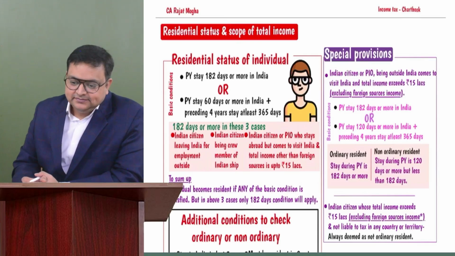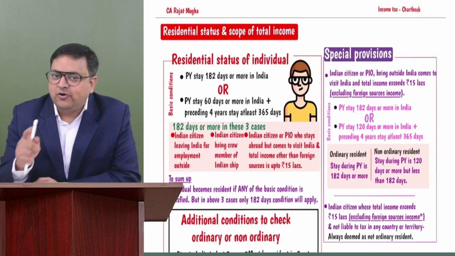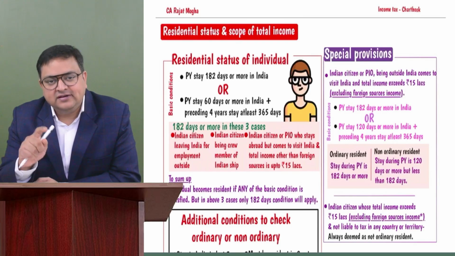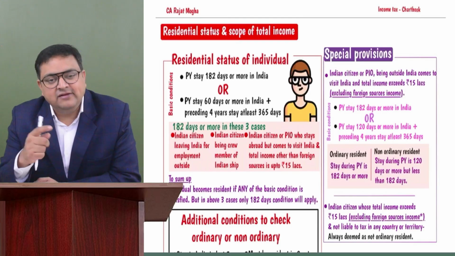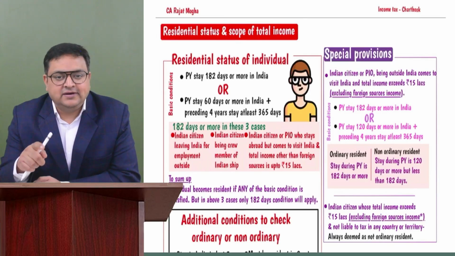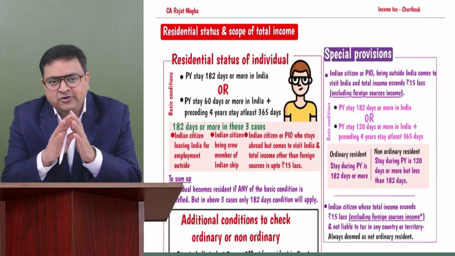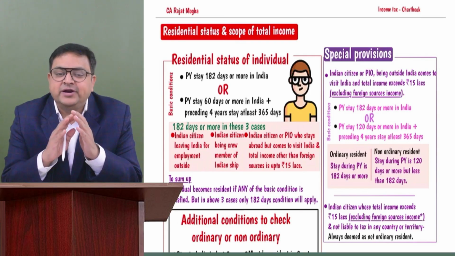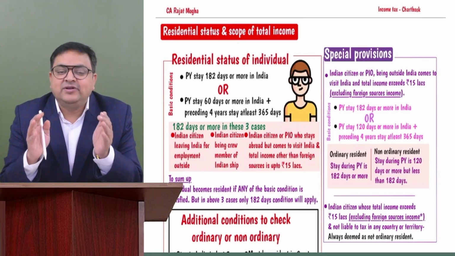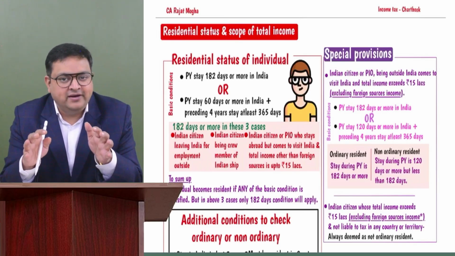See, an individual can either be resident or non-resident. And if the individual is a resident, then we have to further determine whether he is ordinarily or not ordinarily resident. If your answer comes that he's a non-resident, then your question simply stops there. You don't have to determine further. But if the individual is resident, please do determine whether he is ordinary or not ordinary resident.